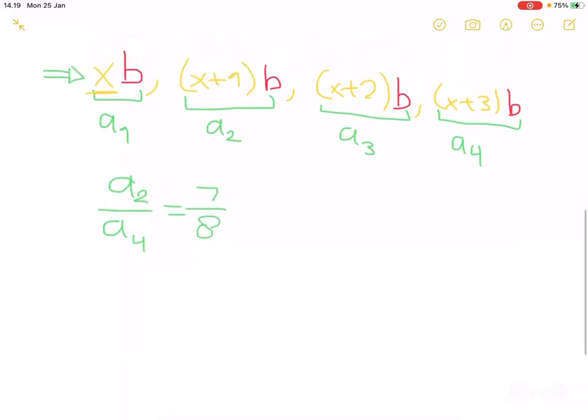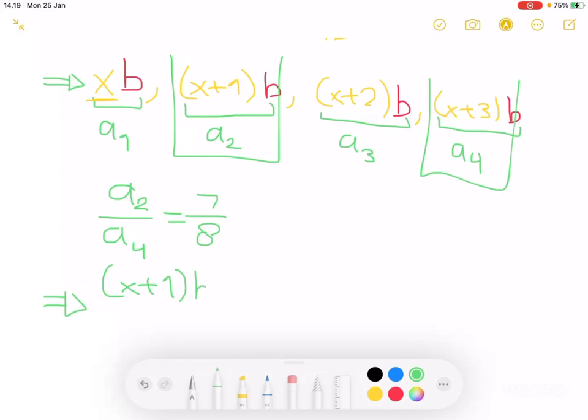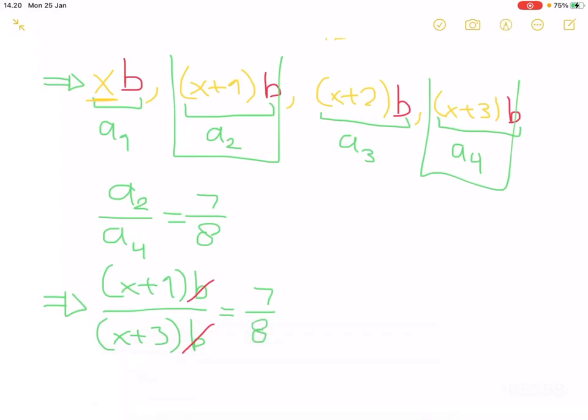And we can substitute: x plus 1 times b all over x plus 3 times b. Notice the b and b cancel nicely.